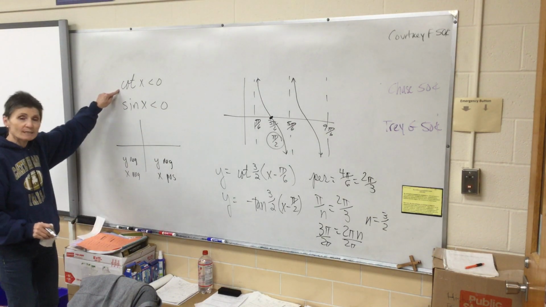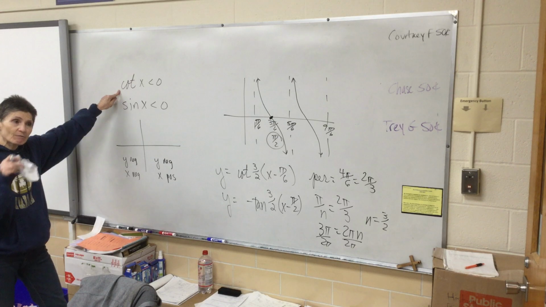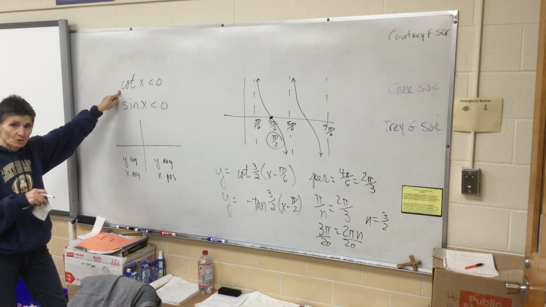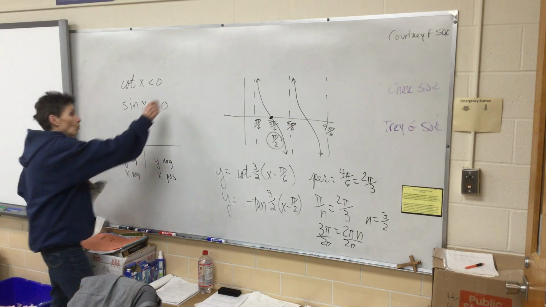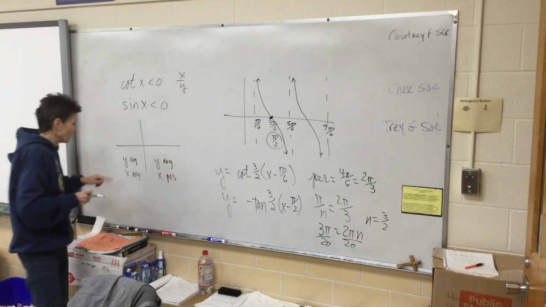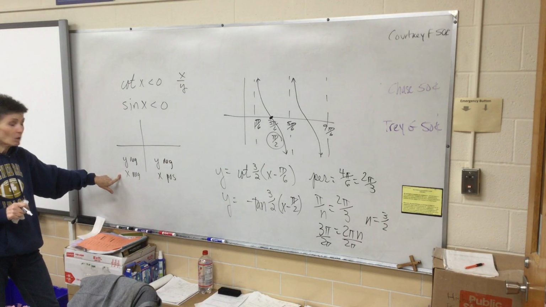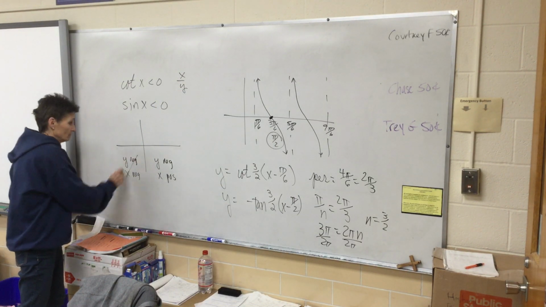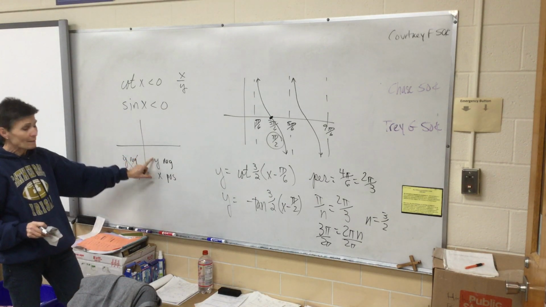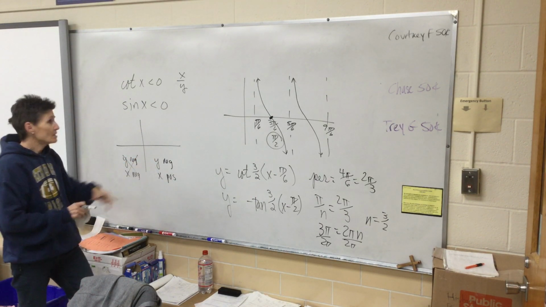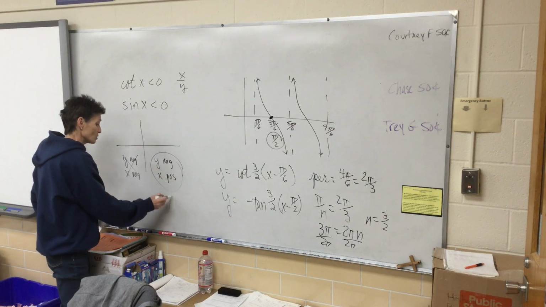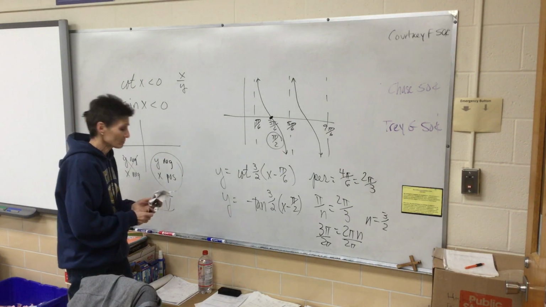Now, we need the cotangent to be negative. If we build the cotangent, it's x over y. Will that be negative here? No, that'll be positive. Will x over y be negative here? Yes. So the answer to the question is quadrant 4.